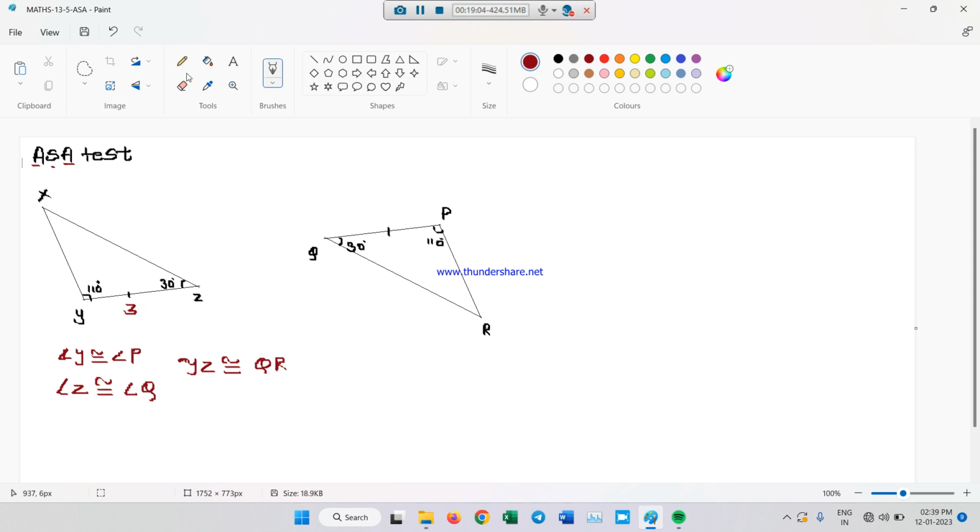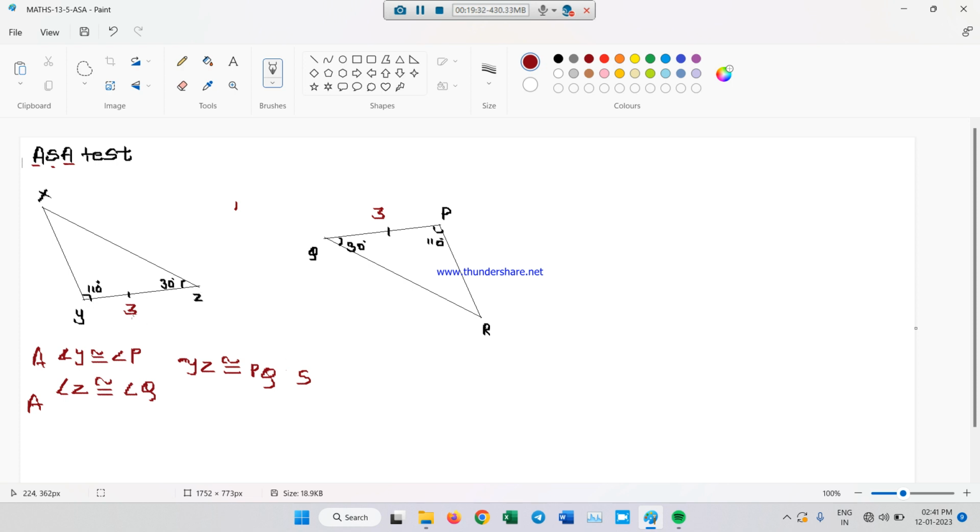So here what we will say is two angles and a side trapped between those two angles, these are equal. So that's why two angles and one side are contributing in making these two triangles congruent.